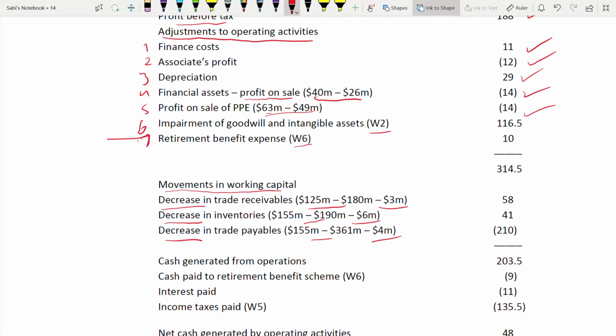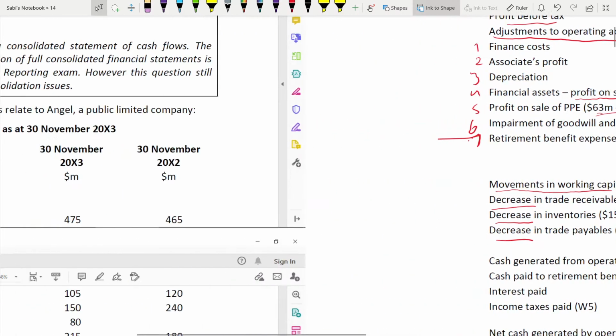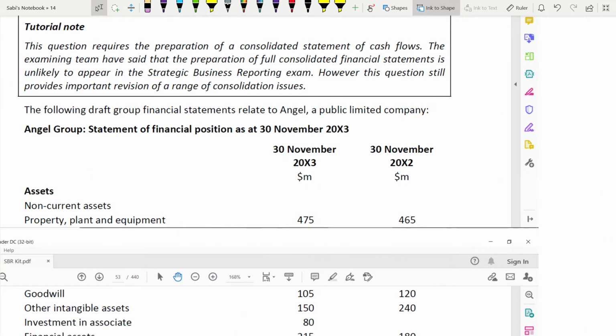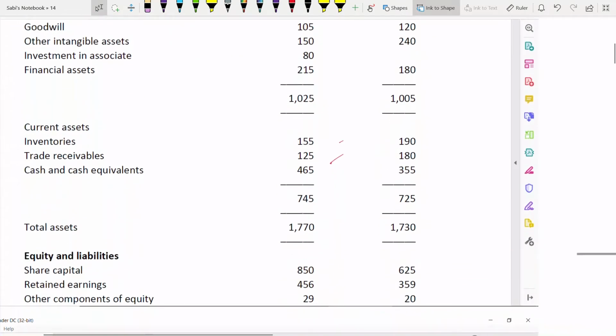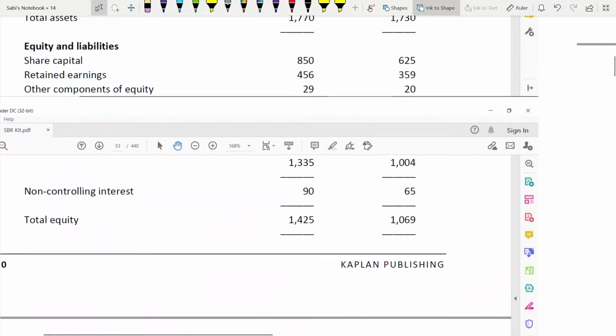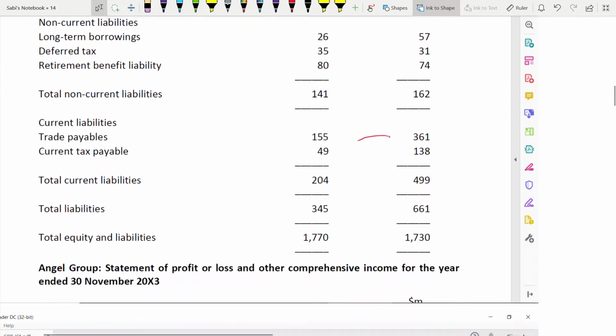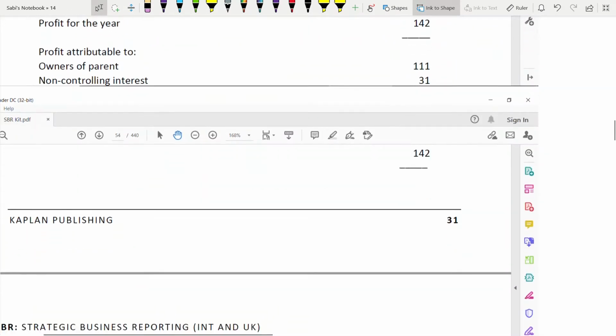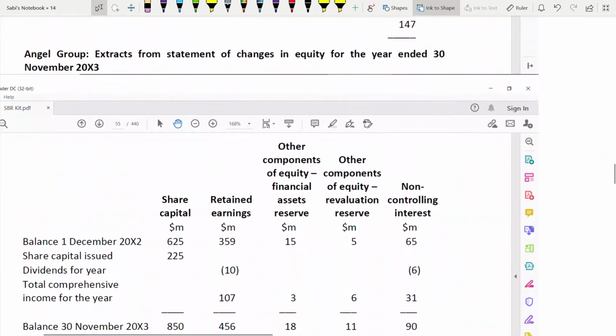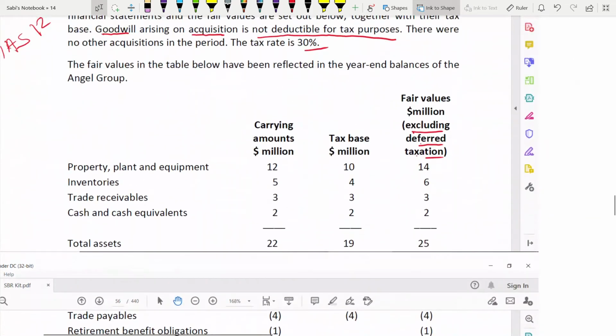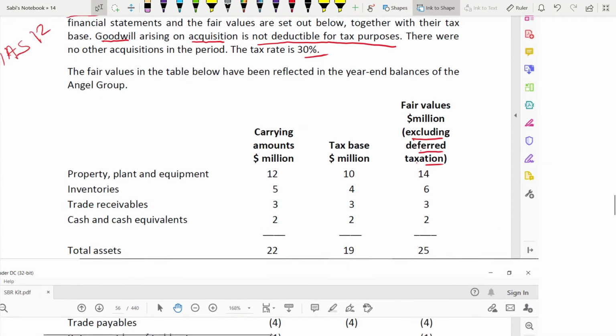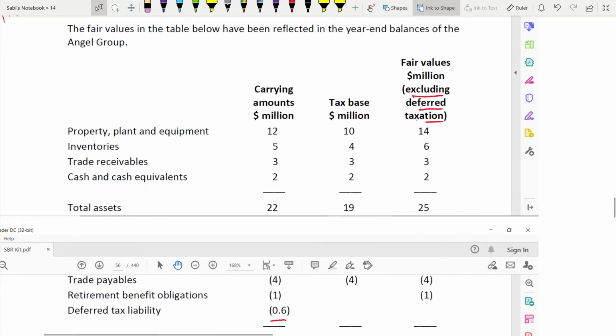Why are we deducting it? You need to take this amount, the fair value, when you're taking the year-end balances for the Angel group.